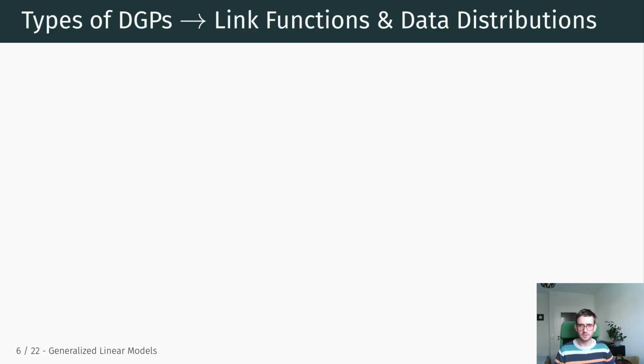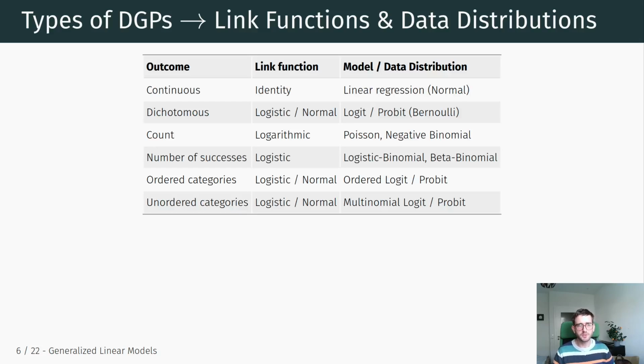Okay, so to give you a little bit of an overview, we already talked about continuous outcomes and particularly normally distributed, or not necessarily normally distributed, but in many cases normally distributed continuous outcomes where the underlying link function in the linear regression framework is of course just the identity. So our linear predictor is equal to the conditional expectation in the linear regression framework. There's no additional logistic transformation or anything like that, right?